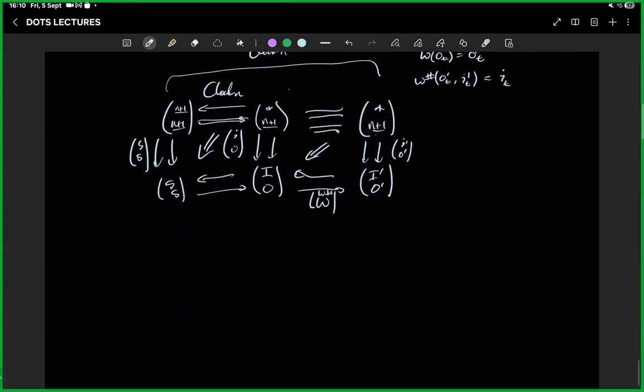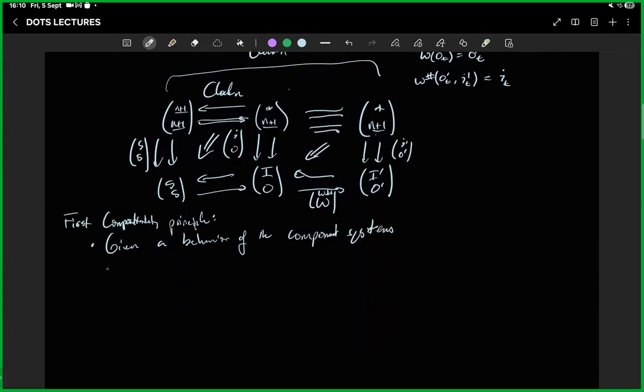So the first compositionality principle is: given a behavior of the component systems, and a behavior of the coupling law, by which I mean a square of the above sort, we get a behavior of the composite.